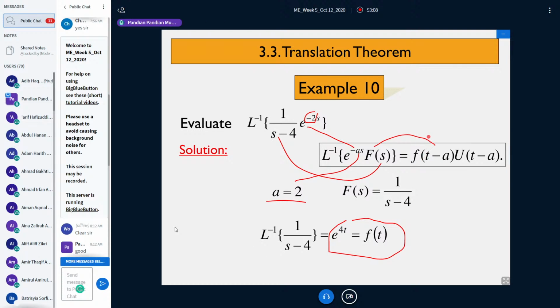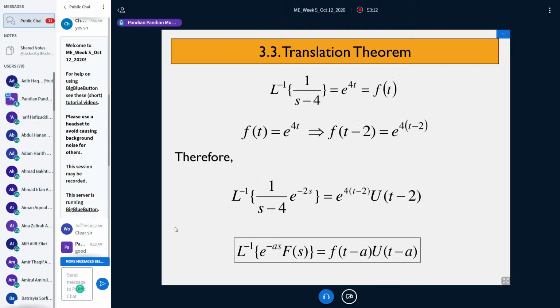This is t minus 2. So you just adjust. Replace the t with t minus 2, because you have u(t minus 2) here. So f(t) is e power 4t. This is how the shifting theorem works, class.